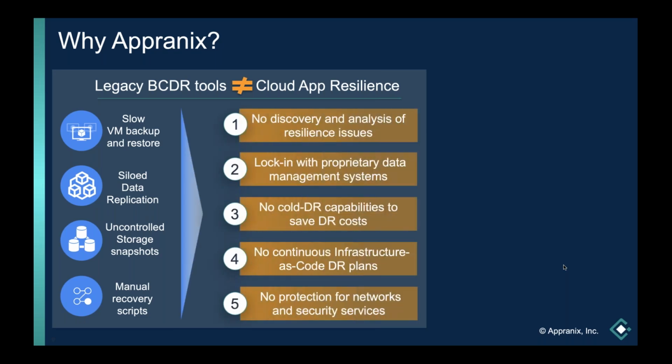How do you really do that if you don't have continuous analysis and discovery of your systems and understand the resiliency issues? Now, if you have a proprietary backup management system running on that, then you have the responsibility to really protect it, and not go back and forth with the translation between your production environment data format versus the backup format.